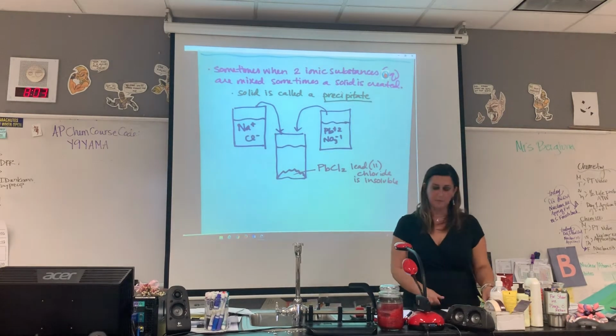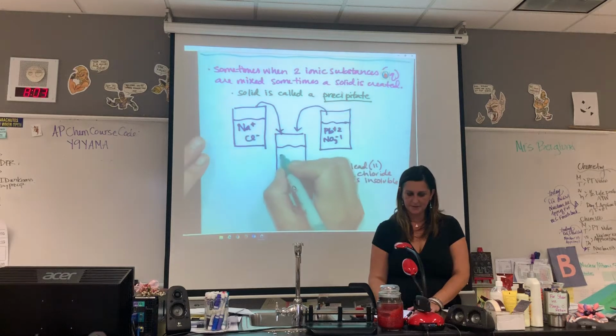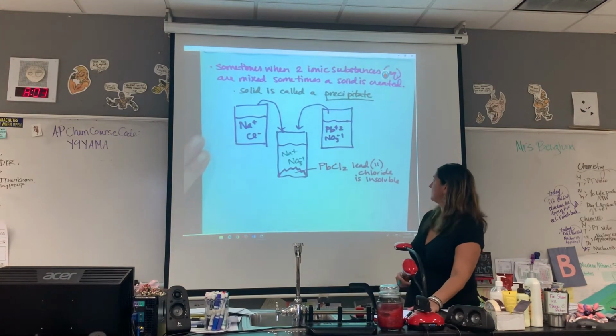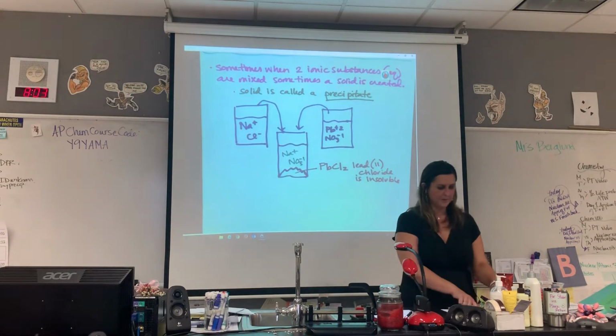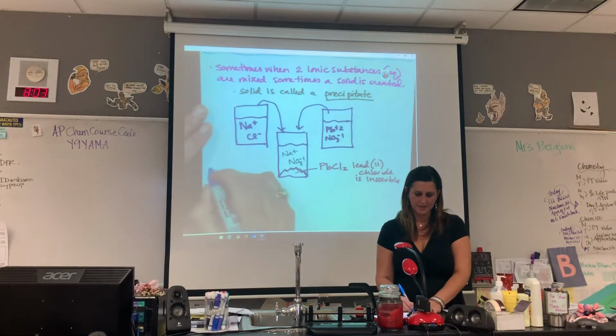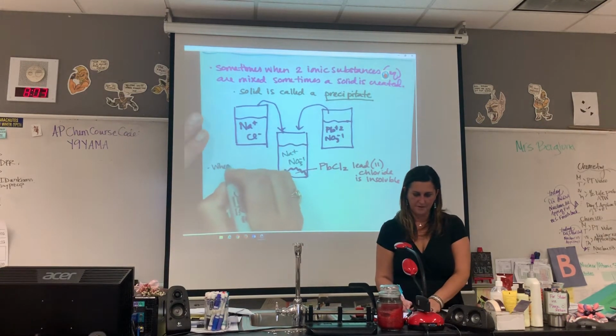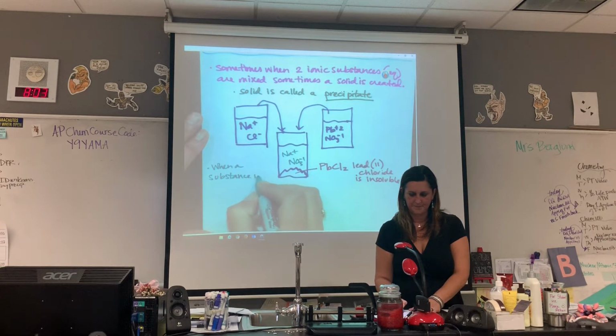And then we would have some spectator ions running around out here in solution, which would be sodium and nitrate. Okay, so what you want to remember is that when a substance is insoluble, that pen's dead. When a substance is insoluble, then it will precipitate as a solid.